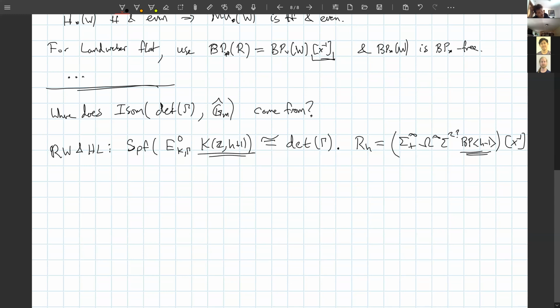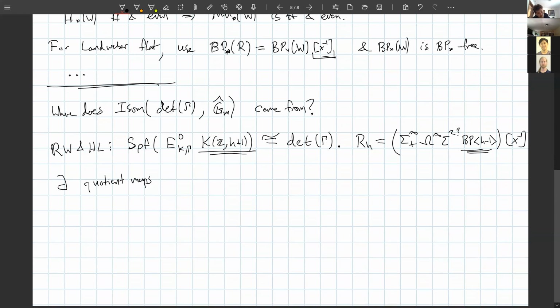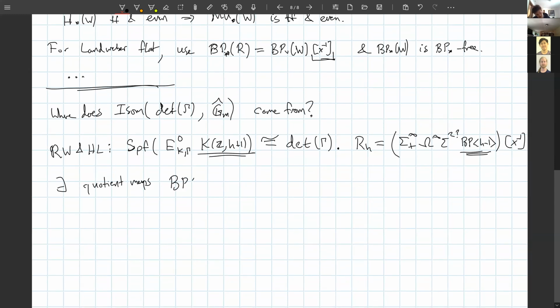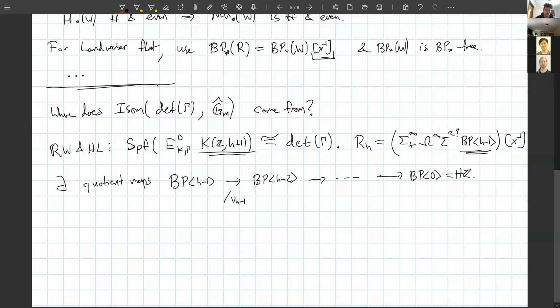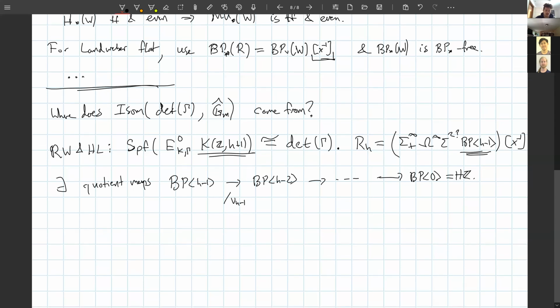So there are quotient maps: BP<H-1> to BP<H-2>, which is like modding out v_{H-1}. And this goes down to BP<0>, and BP<0> is just HQ. So then I use the going around maps from this.